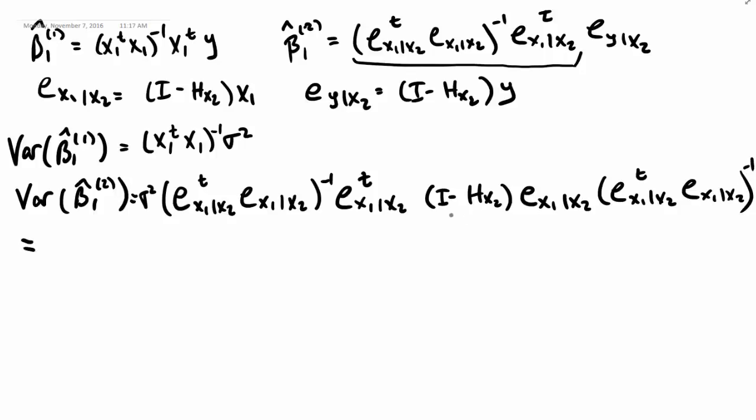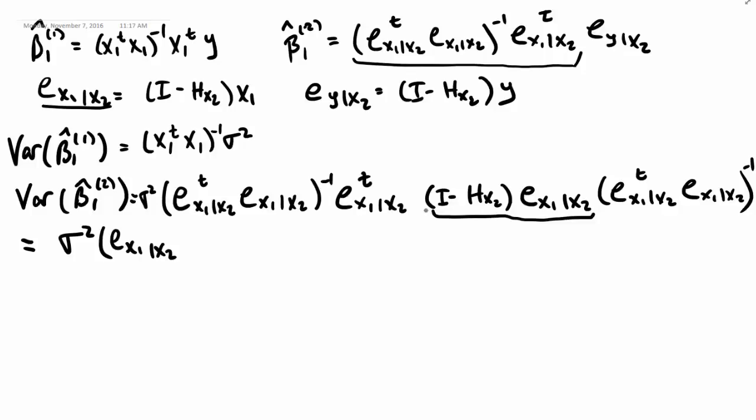Now let me look just at this term right here. If I were to take e X1 given X2 and multiply it by another I minus H X2, I don't change anything, because I minus H X2 is idempotent. So I can write this out as sigma squared times e X1 given X2.